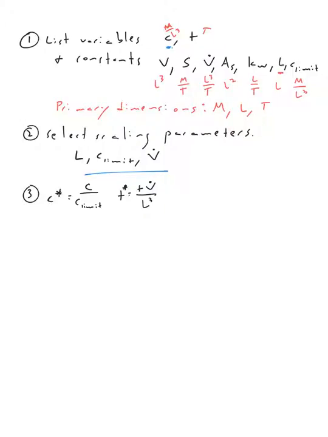So where do we move next? We have to non-dimensionalize everything that we're not using as a parameter. V dot, we're using as a parameter. AS star. What's that going to be? That's going to be regular AS over L squared. Pretty simple. KW star.